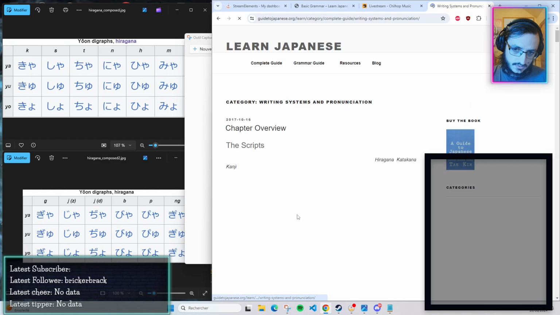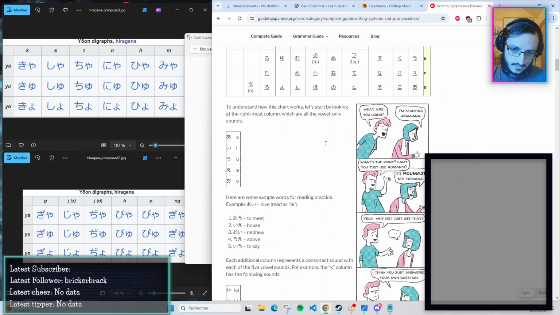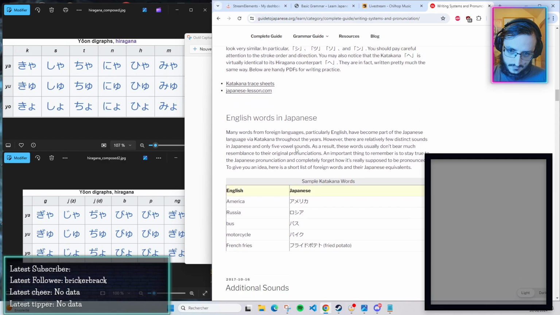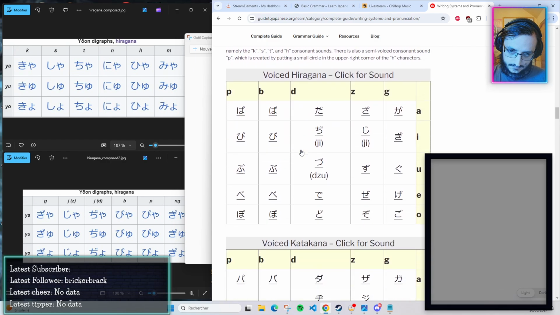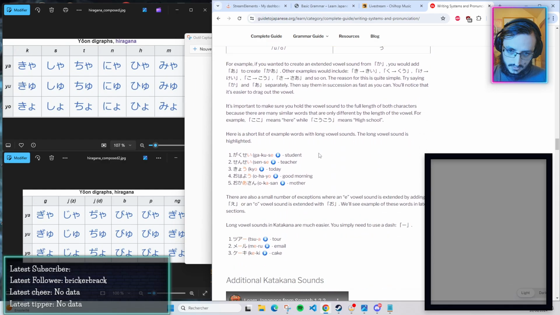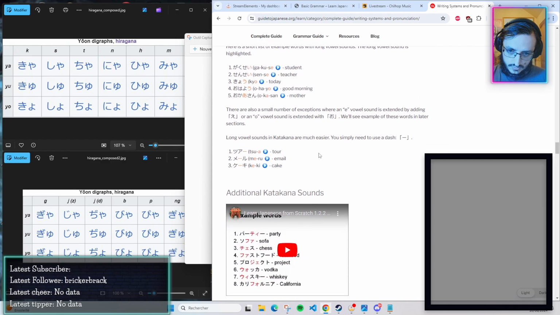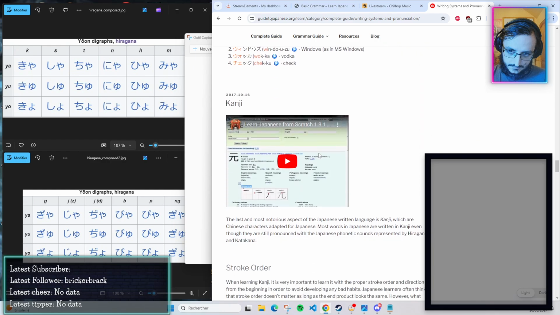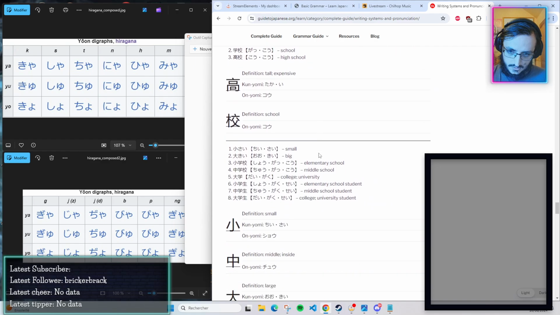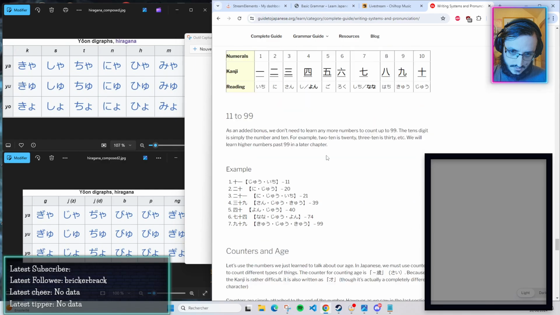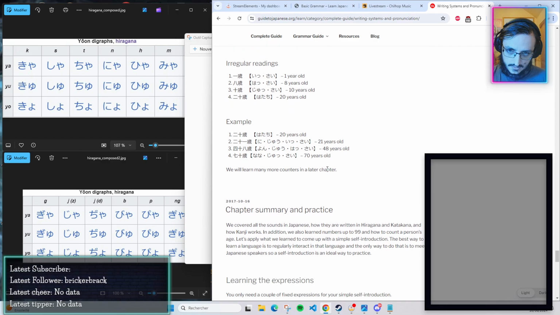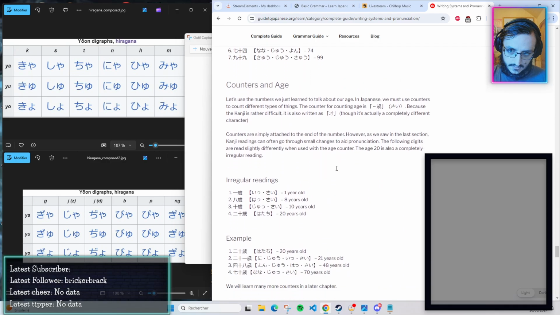System pronunciation. So, where is it? I just want to be sure that I'm not yeah, irregular readings. No, it's on the numbers.